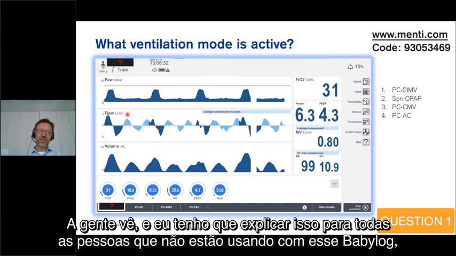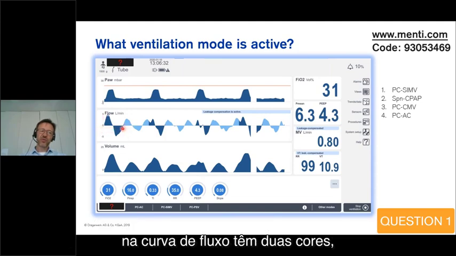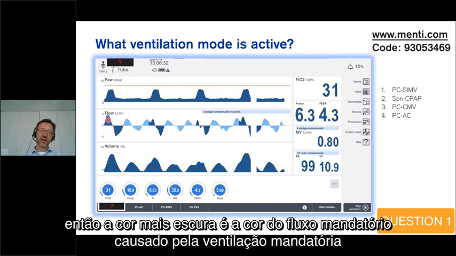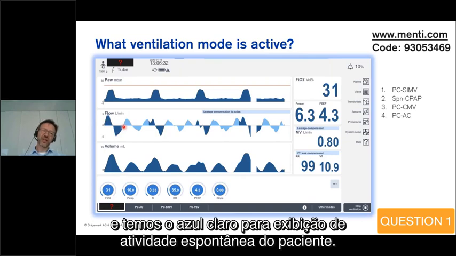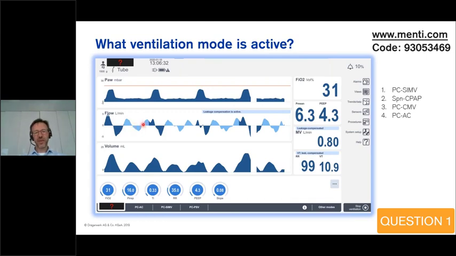I have to explain to all the people who are not using these Babylogs, the flow curve has two colors. The darker color is for mandatory flow, caused by mandatory ventilation, and the light blue color displays spontaneous activity of the patient.